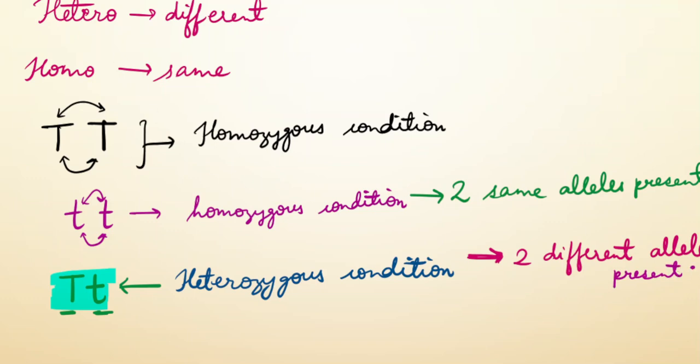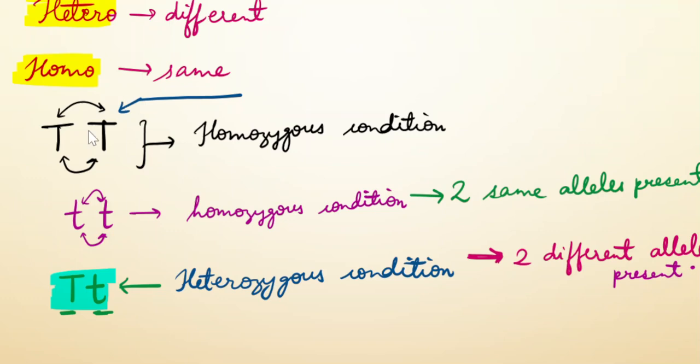So this is all about the terminologies in genetics: heterozygous and homozygous. Now we can also say that this condition, let us speak here only.